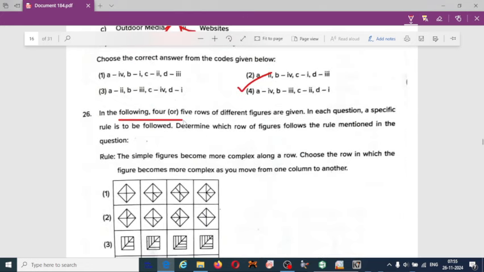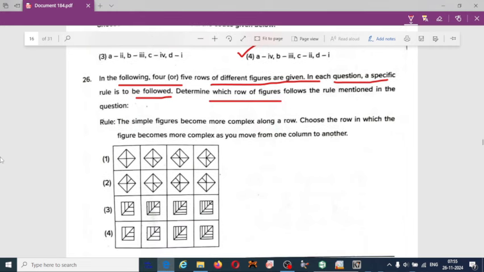In the following, 4 or 5 rows of different figures are given. In each question a specific rule is to be followed. Determine which row of figures follows the rule mentioned in the question. Here is the rule for the given figures: simple figures become more complex along a row.